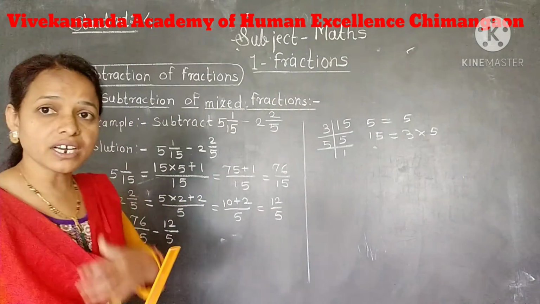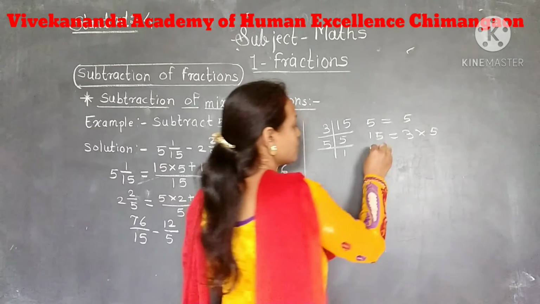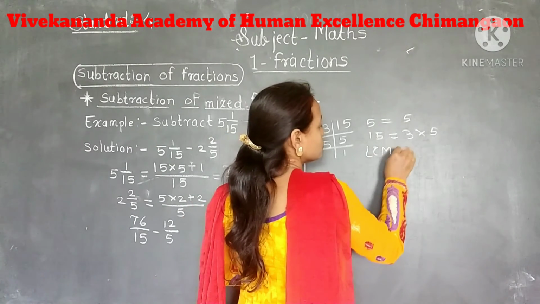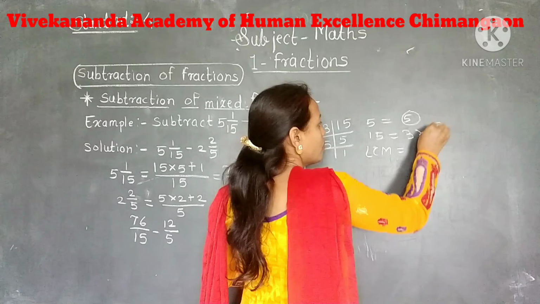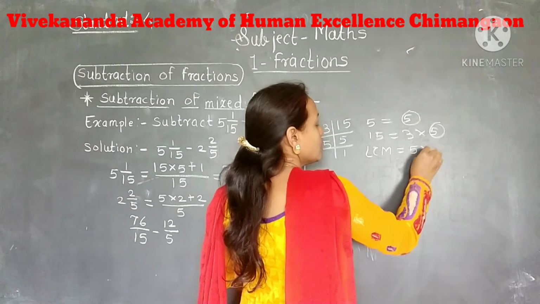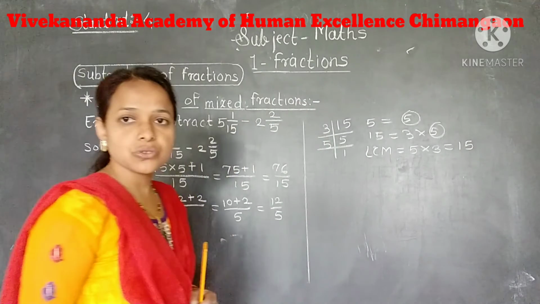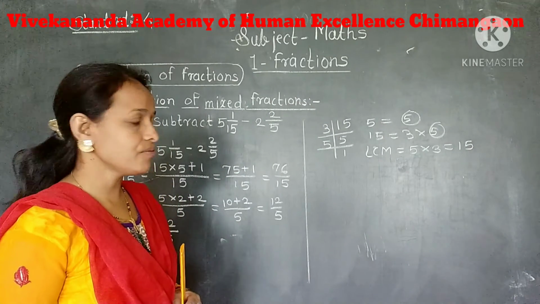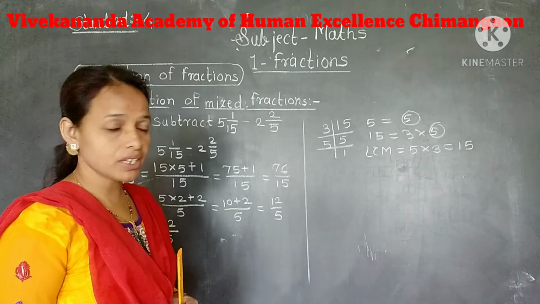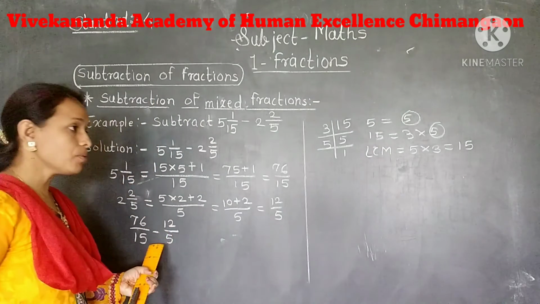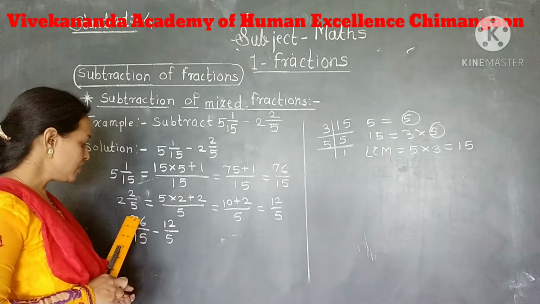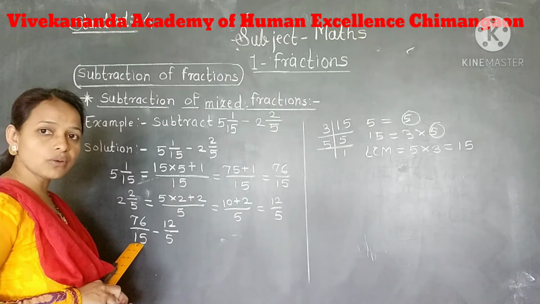Now we have to find its LCM. First we find the common factor. Common factor is 5. Uncommon factor is 3. 3 5s are 15. So here we found the LCM of 15 and 5. We got here 15. Now we change the denominator to 15. But here the first fraction already has denominator 15.